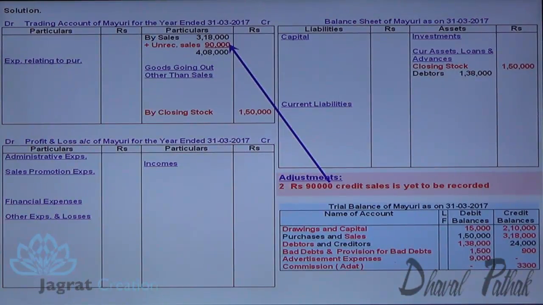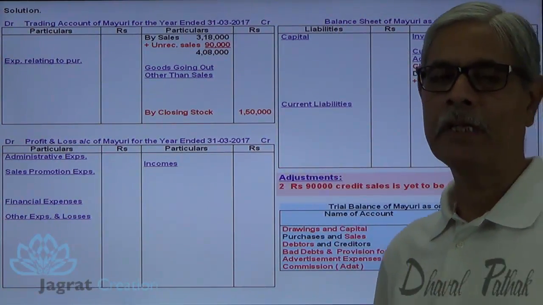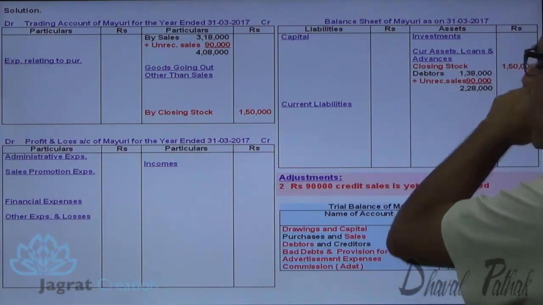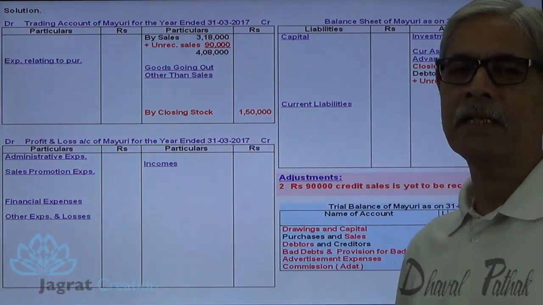So I have added 90,000 in the sales and 90,000 in the debtors. This is how debit and credit adjustment effect is given. This is a debit effect, this is a credit effect. Closing stock appearing on the asset side is identified as a debit effect. Trading account credit is a credit effect.